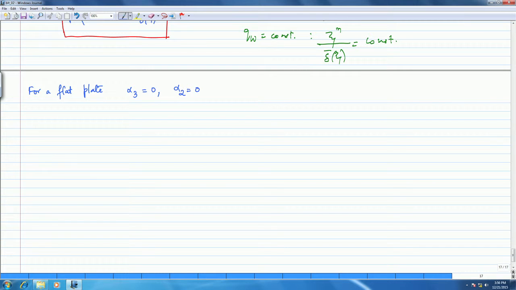Then you let alpha 4 equal to 0 and the Prandtl number to be equal to 1.